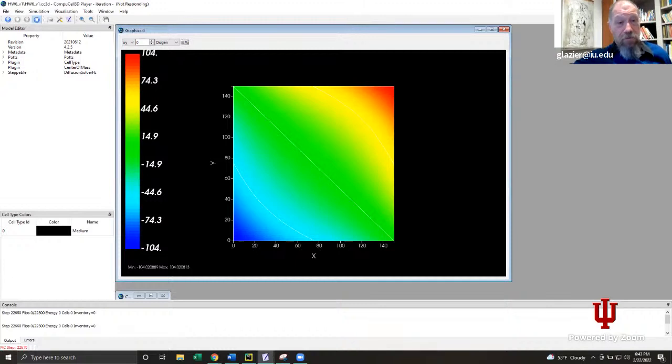It just isn't meaningful for concentration. For electrical charge, you could have positive and negative charge, so you can have a negative value in diffusion. So here you have negative 104 in blue. Okay. Anybody else have anything that they explored with that?